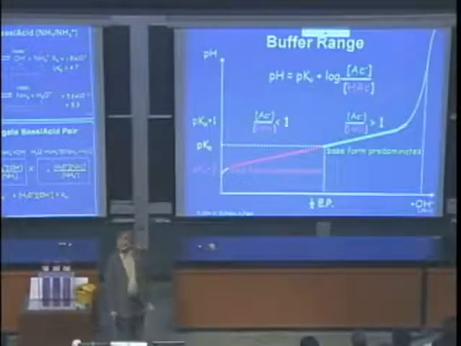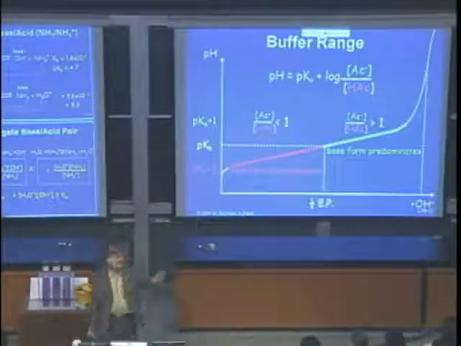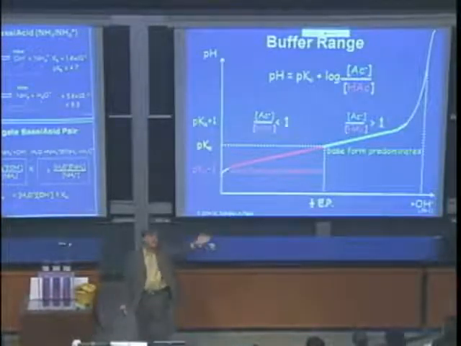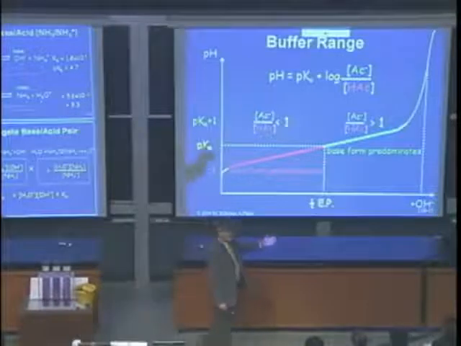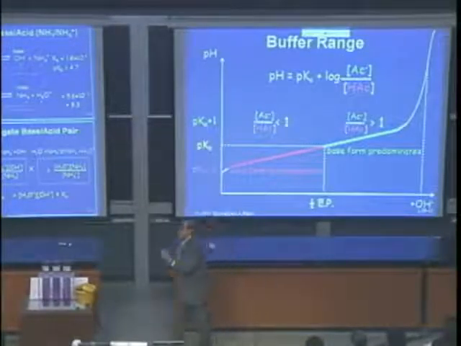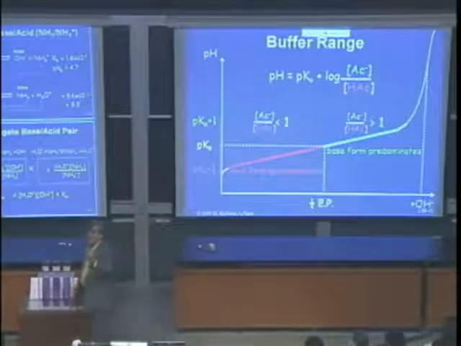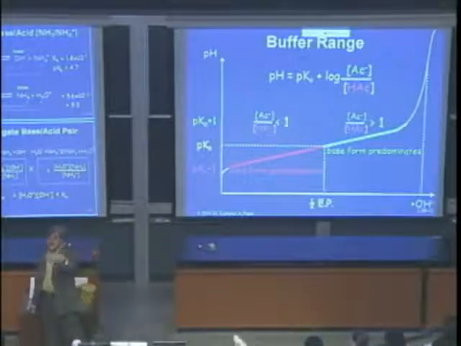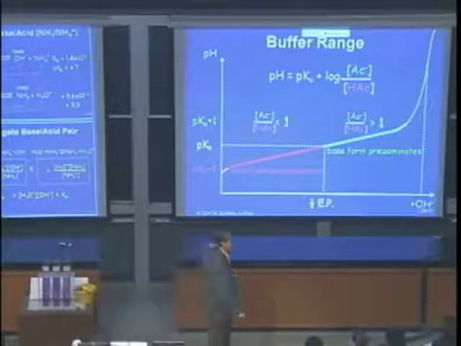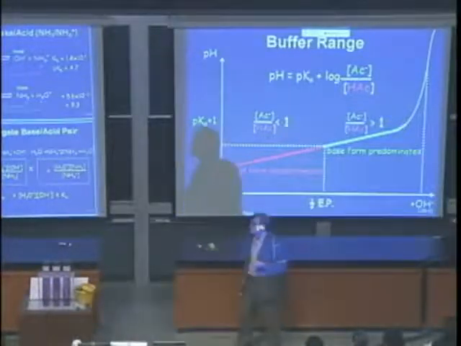Why are buffers important? Actually, our blood, anybody knows the pH of our blood? The pH of our blood is 7.4. And it is very, very sensitive to changes in pH. If you change it by 0.3 to 0.4 unit, you die pretty quickly, okay? So blood buffering is a very, very important issue in our physiology.